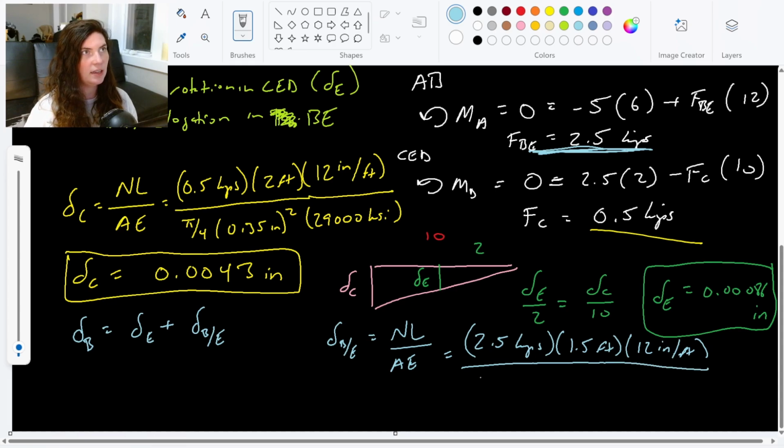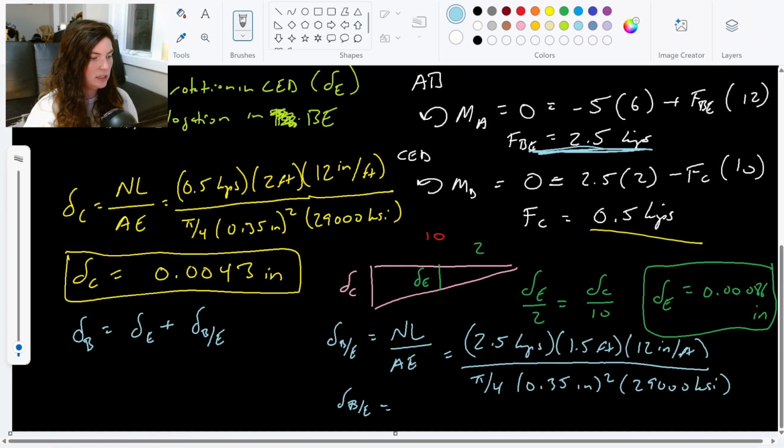Luckily, that's the same as before: pi over 4 times 0.35 inches squared times 29,000 ksi. That gives me the delta of B with respect to E is 0.0161 inches.